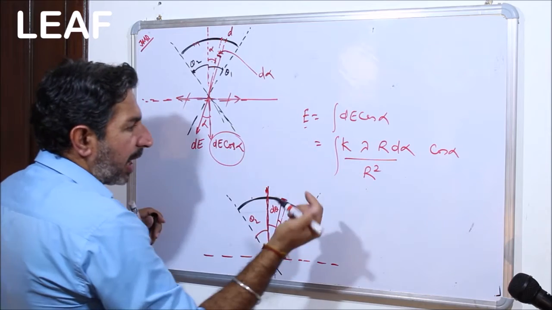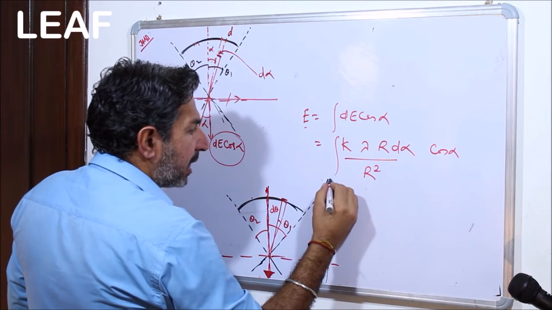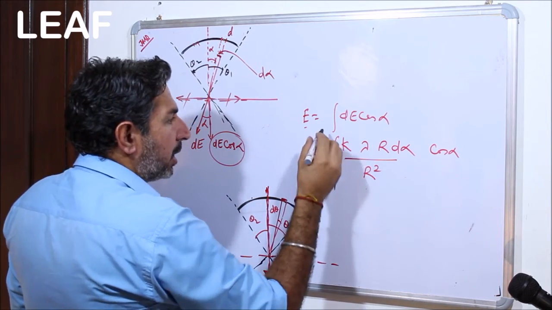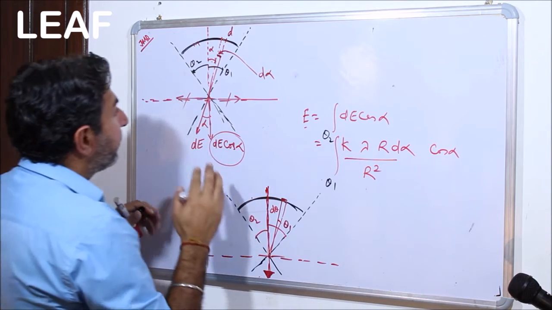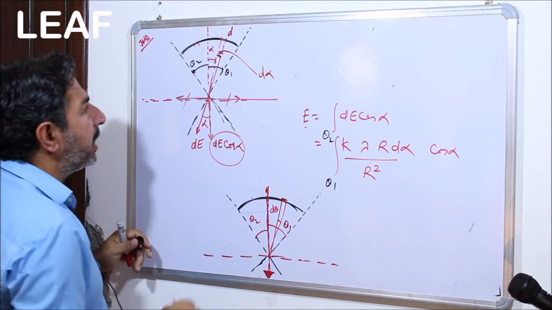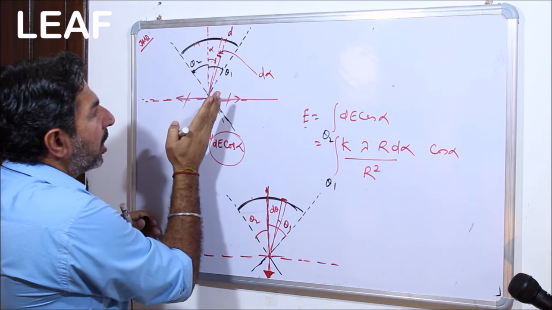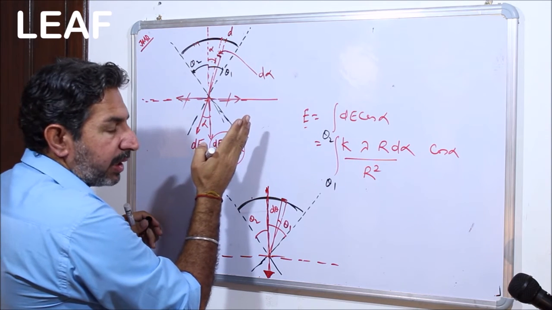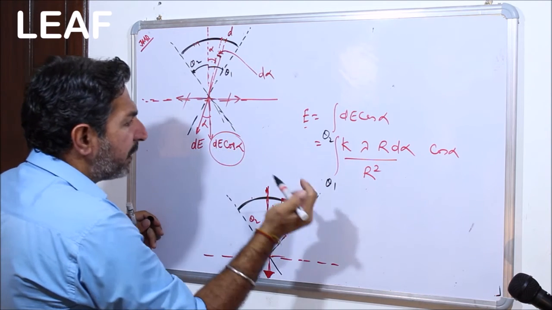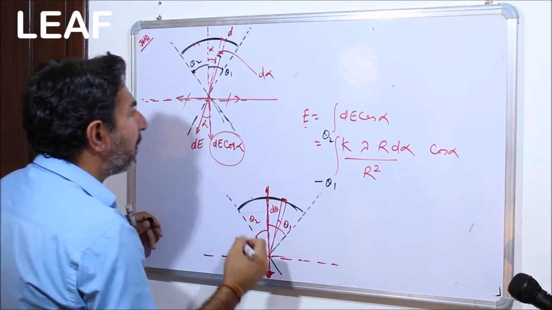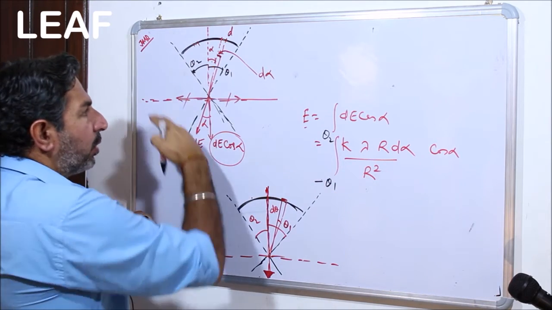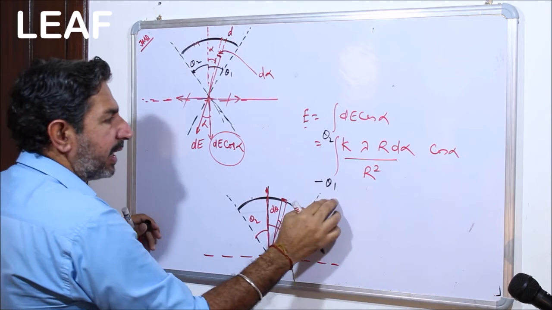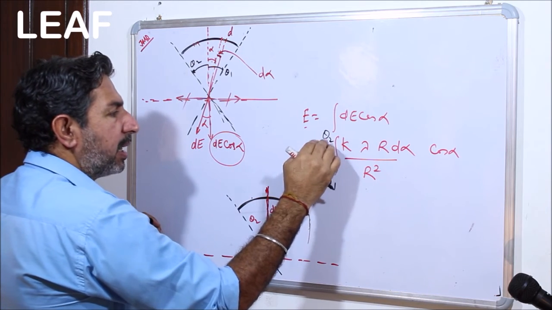So now you have to take care of one particular thing, theta 1 to theta 2. Over here these signs are also important. Theta 1 is on the clockwise side, right? So obviously I am going to replace it by minus theta 1 and this is plus theta 2. All the clockwise angles are taken negative, anti-clockwise angles are taken positive.